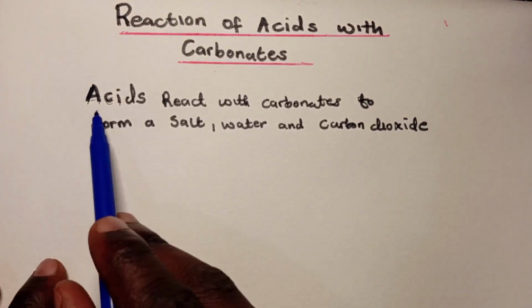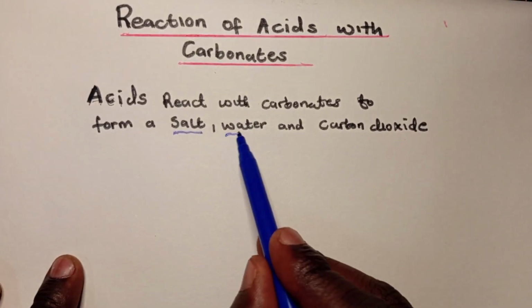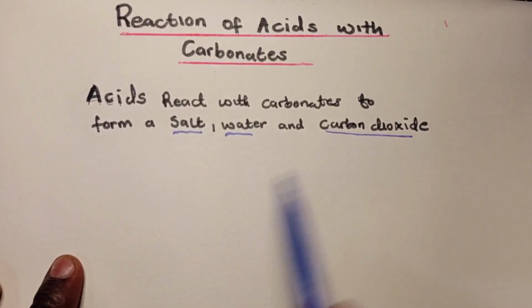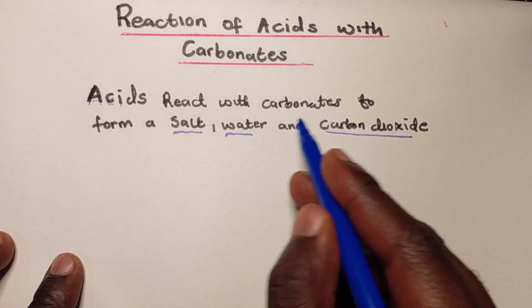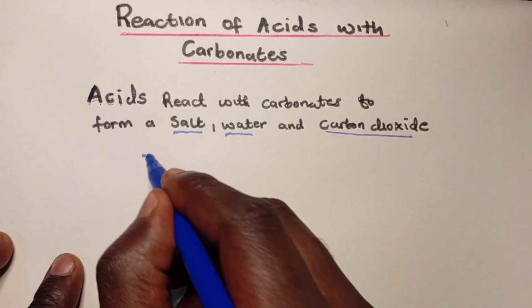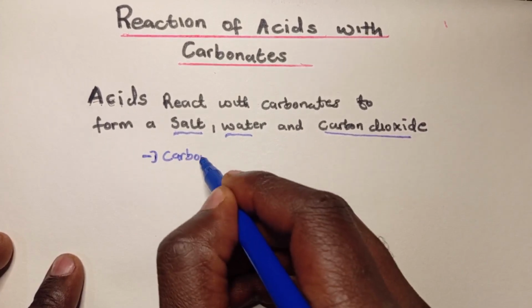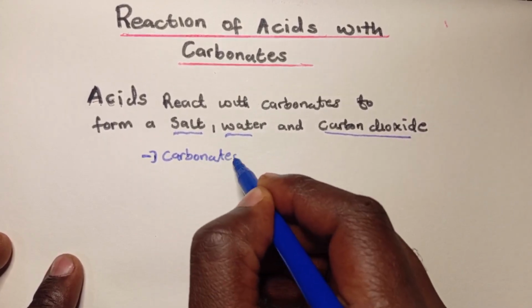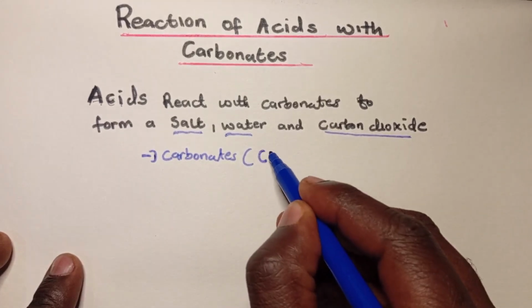Acids react with carbonates to form a salt, water, and what? Carbon dioxide. Now, these carbonates have two types. We have regular carbonates. Carbonates are simply substances that contain this compound.